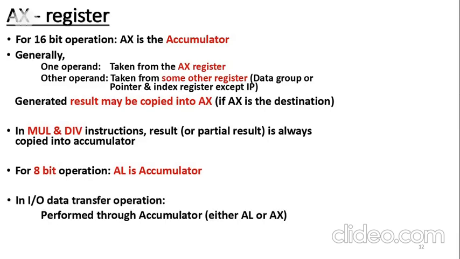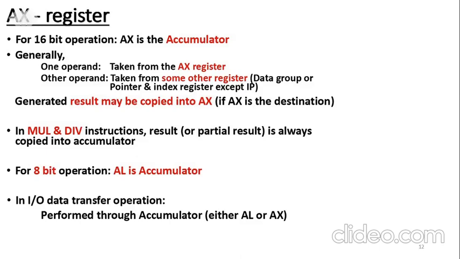And then the last implied use here is in case of IO data transfer operations, like input and output operations, which are always performed through the accumulator. It means that whenever the processor executes an input instruction, if that data happens to be 8-bit, it will always be copied to the AL register, that is the 8-bit accumulator.